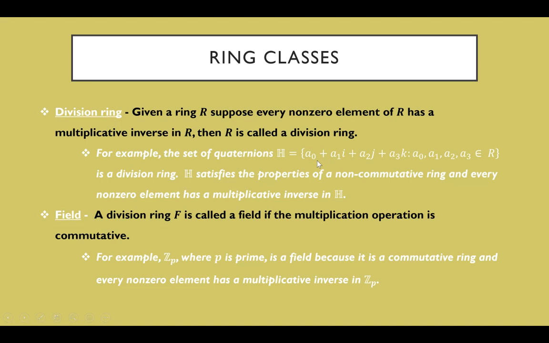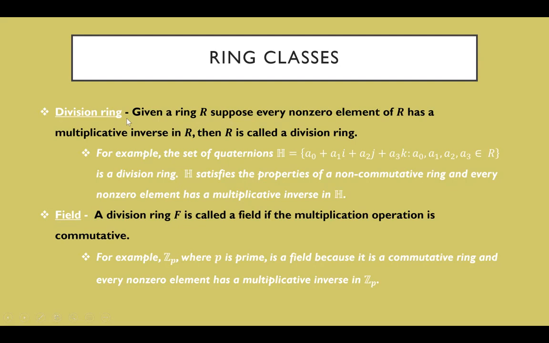And this would be the polynomial a sub 0 plus a sub 1 i plus a sub 2 j plus a sub 3 k, where your coefficients are all real numbers. And of course, i, j, and k satisfy the quaternion group properties. So this is not commutative.